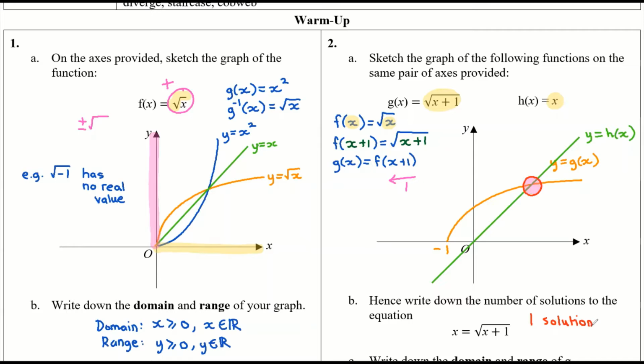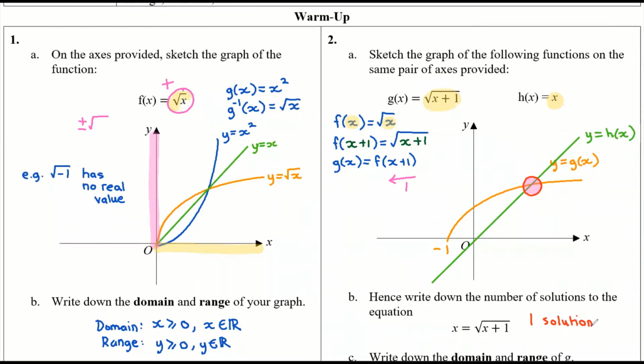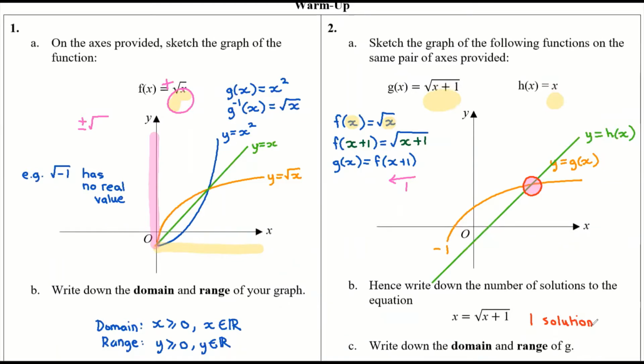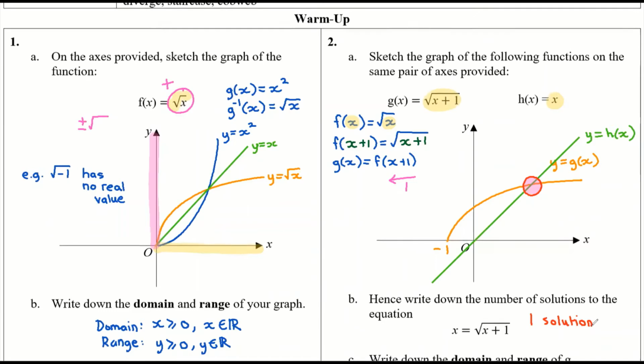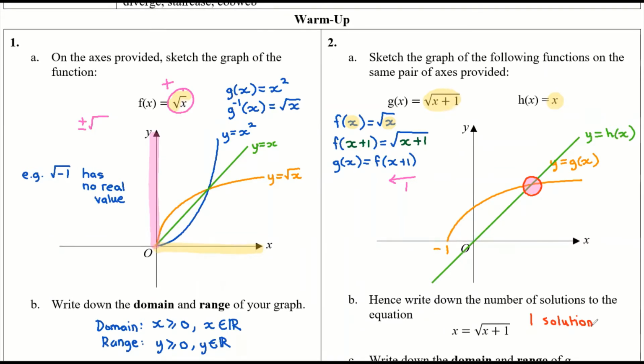Now just to scroll down a little bit, for part C, it says write down the domain and range of g. So I'm just going to put that back so it looks a bit more accurate on the graph, the domain and range of g.